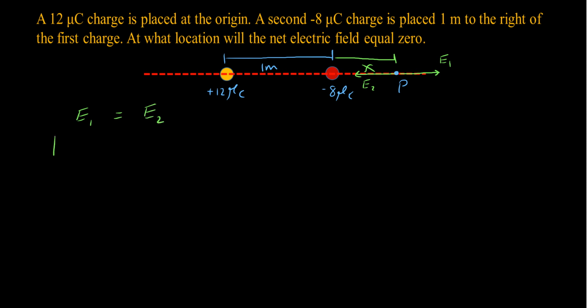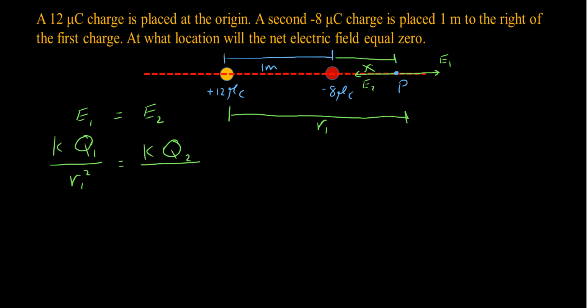So k Q1 divided by R1 squared, where R1 is the distance between the 12 microcoulomb and point P, equals k Q2 over R2 squared, where R2 is the distance between Q2, the negative 8 microcoulomb, and the point P, so it is x.